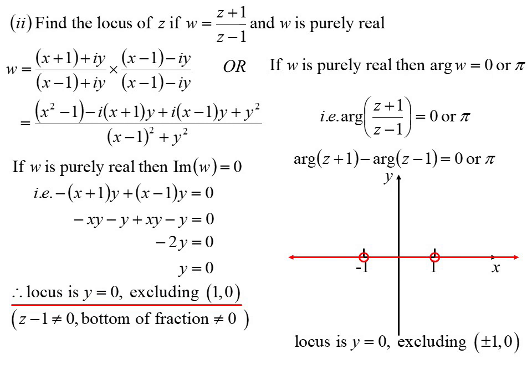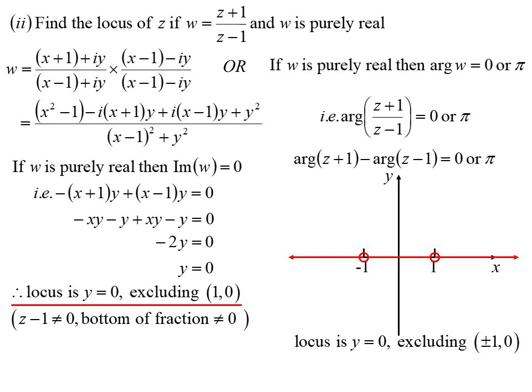But again, you go back to the original one and just make sure. And so if we go back to the original question that was asked, if I substitute in +1, sure enough we can't get an answer because you get 0 on the bottom of the fraction. But if I substitute in -1, I can get an answer because it's simply 0. Because on the top of the fraction we get 0, but on the bottom of the fraction you get -2, and that's fine. 0 over -2 is 0.